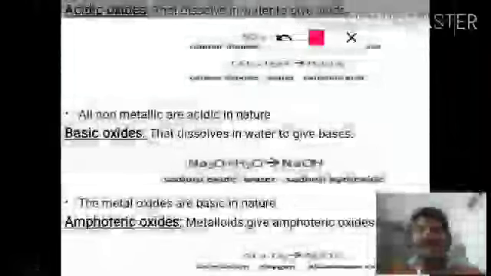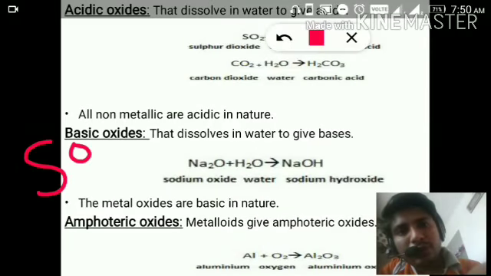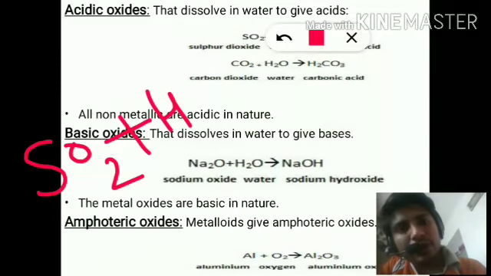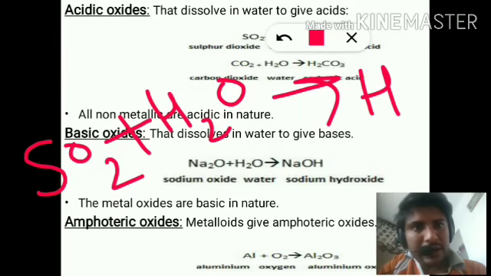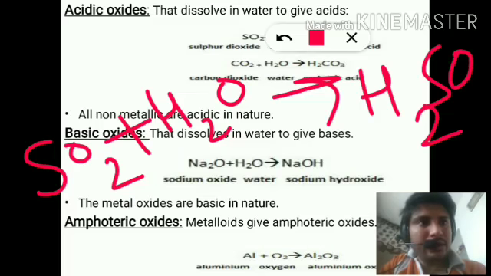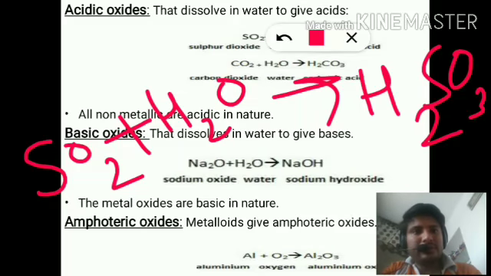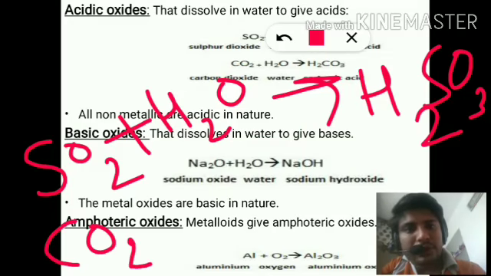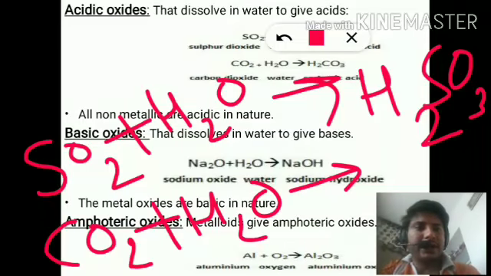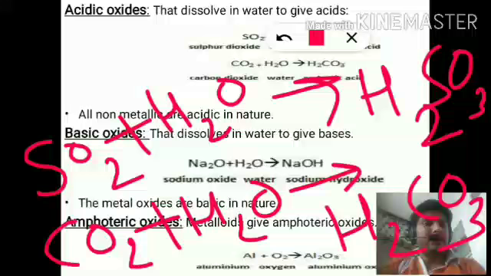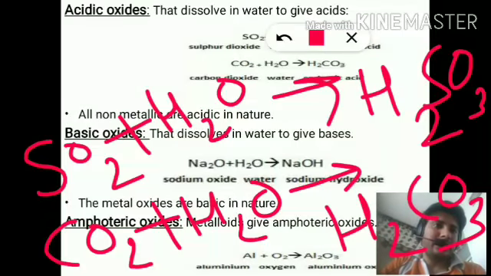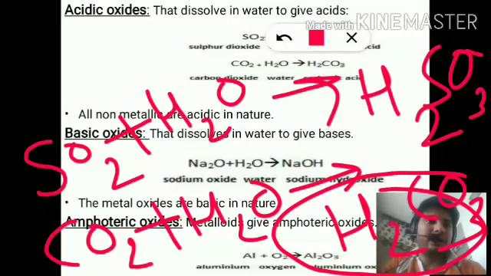SO2, an acidic oxide, when dissolved in water gives an acid, H2SO3, sulfurous acid. Another example: CO2 is an acidic oxide. When dissolved in water, it gives the acid H2CO3, which is called carbonic acid.